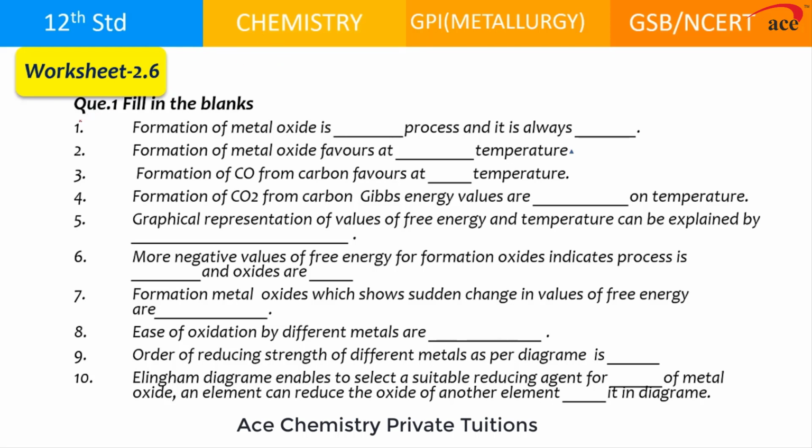Okay, let's check the answers. The very first, if you'll see, they have asked: formation of metal oxide is dash process and it is always dash. So formation of metal oxide is a type of combustion process, and all combustion processes as per thermodynamics are what?